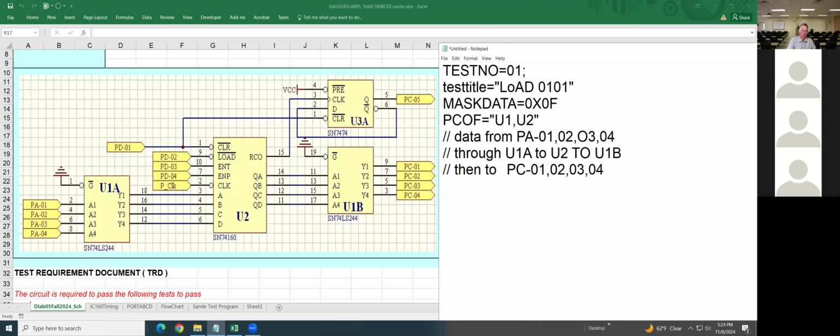That is for test number one. So when you run it, they will bring out the expected value, 1, 0, 1, 0, 1, and the measured value. If they measure 0, 1, 0, 1, that means the test has passed.